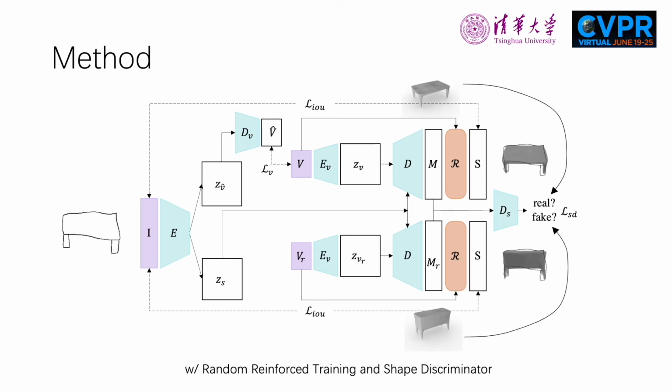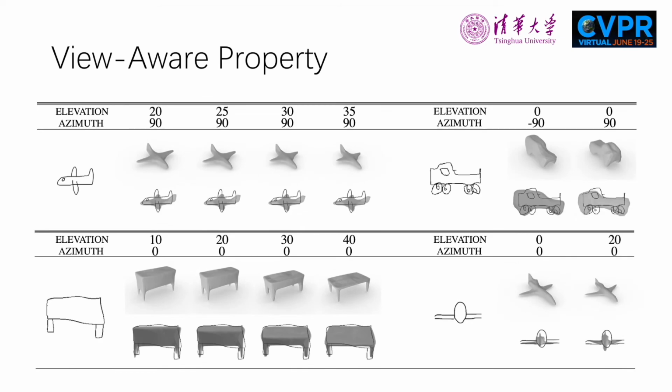Here we illustrate the view-aware property of our method. Our method outputs different shapes according to different input viewpoints, and ensures consistent silhouettes at these viewpoints. Take the table for example.